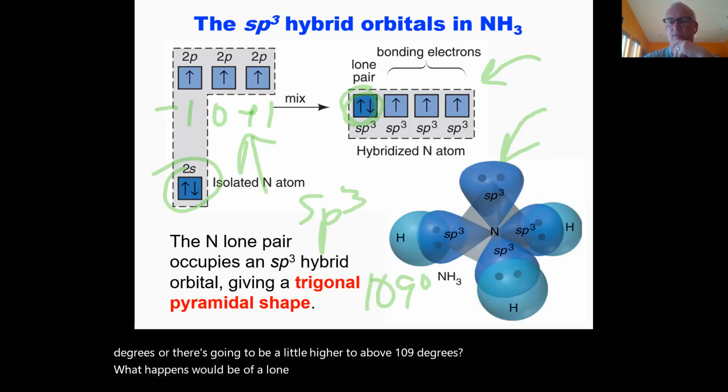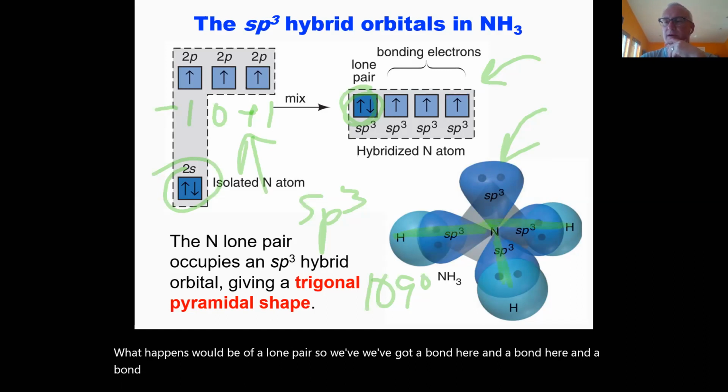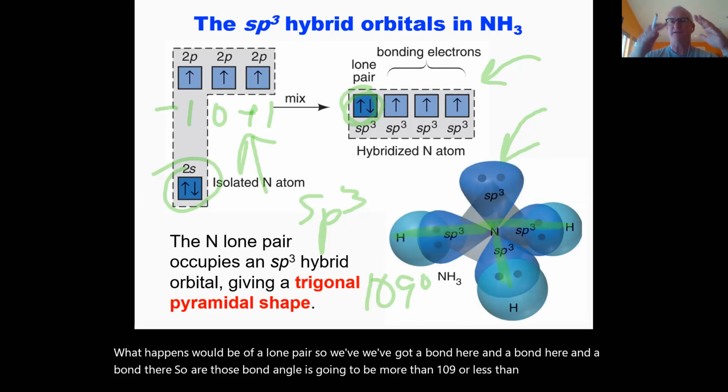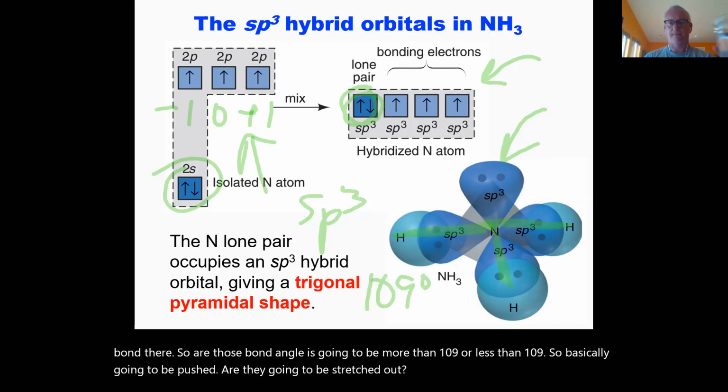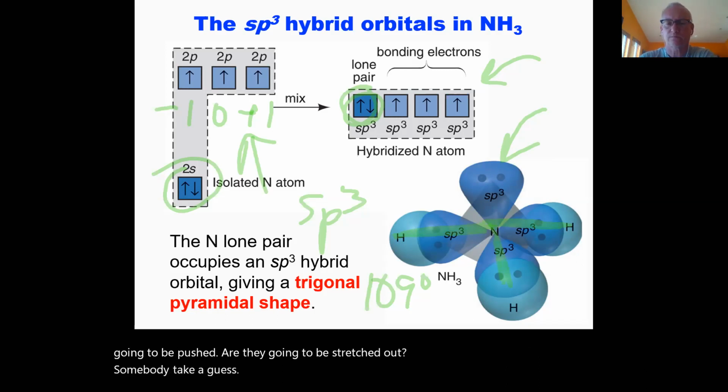So we've got a bond here, and a bond here, and a bond there. So are those bond angles going to be more than 109 or less than 109? Basically, they're going to be pushed, or they're going to be stretched out. Oh, somebody take a guess. They're going to be pushed?